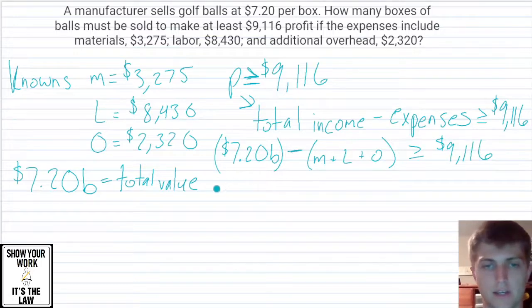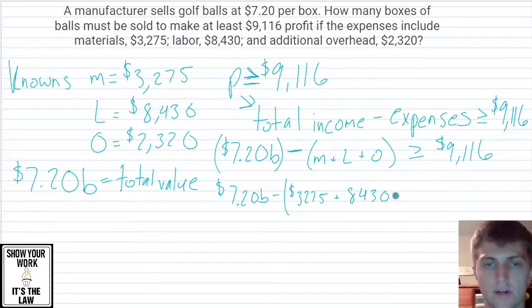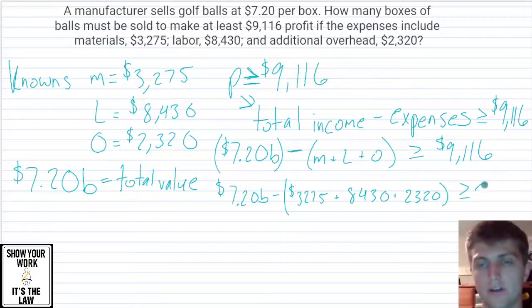Now we can drop the parentheses on this one, minus our materials, which is 3,275. Our labor is 8,430, I hope. Yep. And then our overhead is whatever it is. Great. Greater than or equal to 9,116.